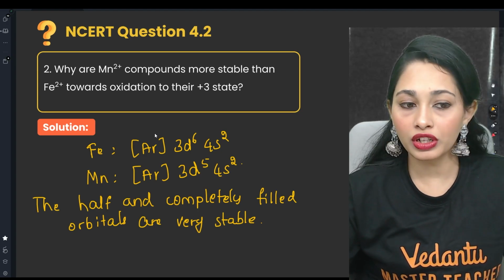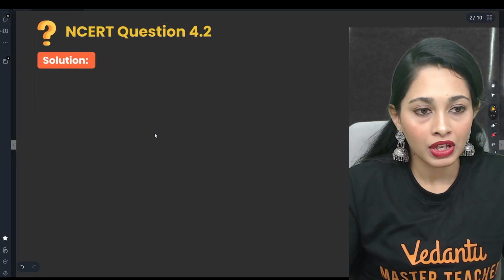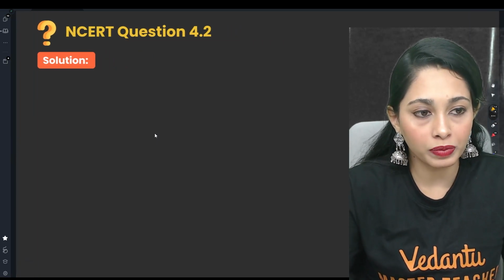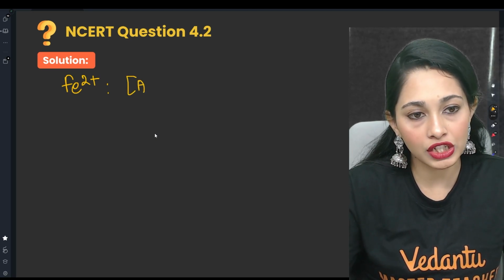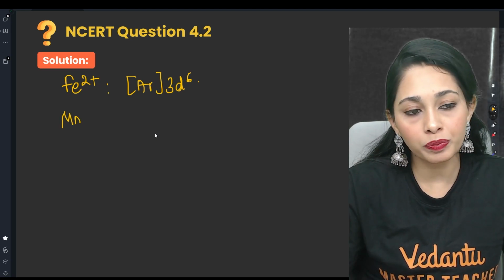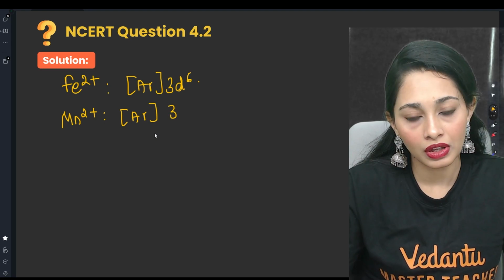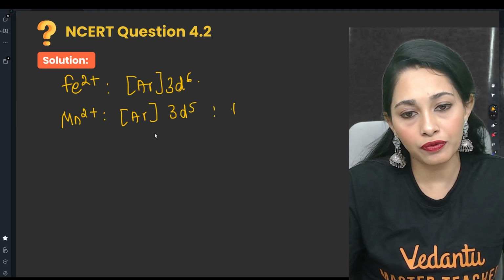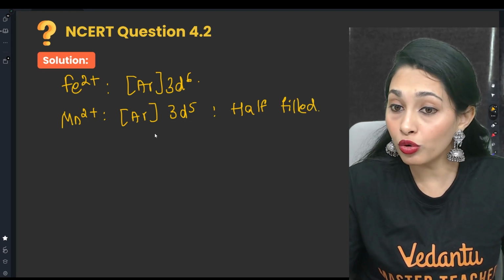Now look at the electronic configuration of Fe2 plus and Mn2 plus ions. Fe2 plus will be argon 3d6, and Mn2 plus is going to be argon 3d5. So here this is half filled. Hence it is more stable.